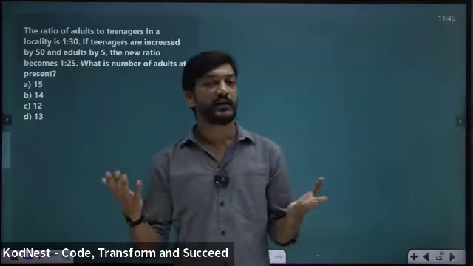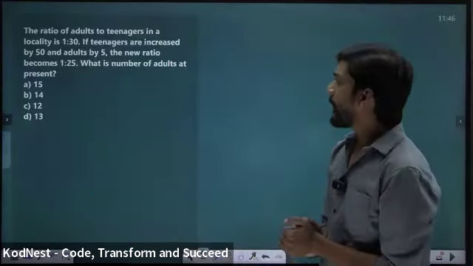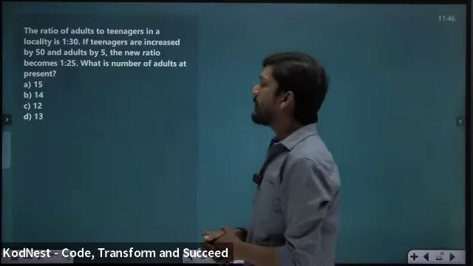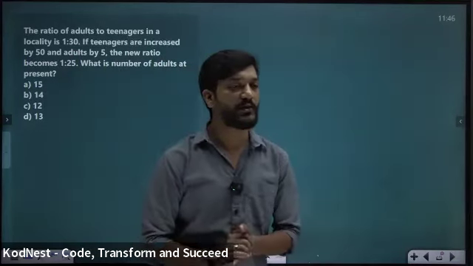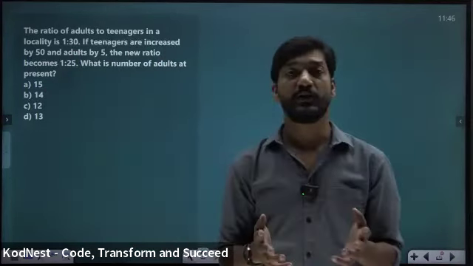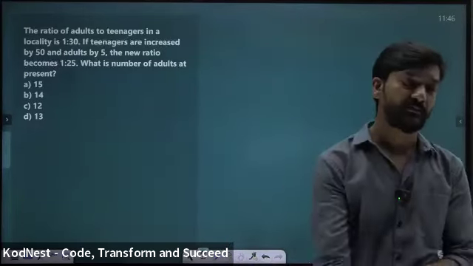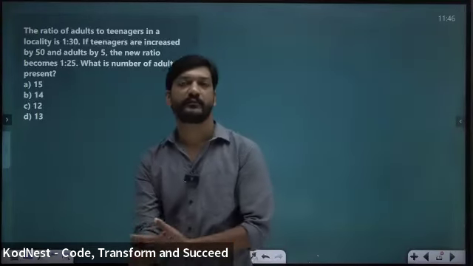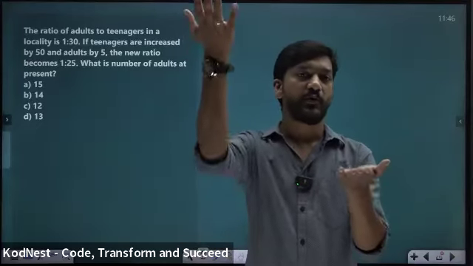Two things are there: adults and teenagers. I don't know how much. Adults are increasing and teenagers are also increasing, but by different values. Two values increasing by different amounts.